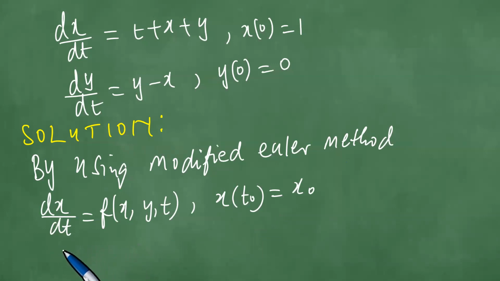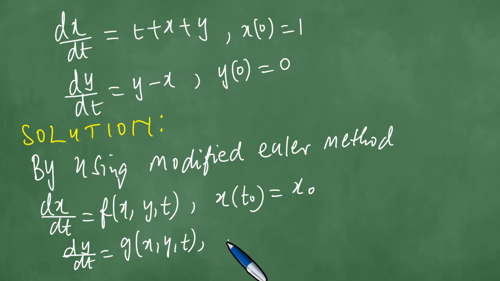But we also have dy dt, a function of x, y, t, and y of t0 is y0.